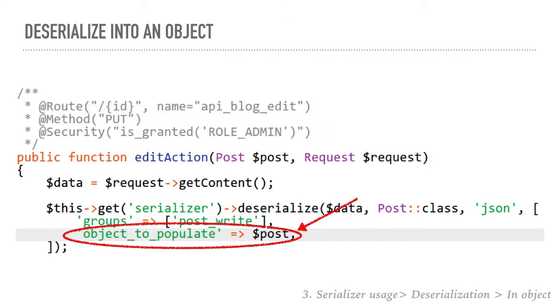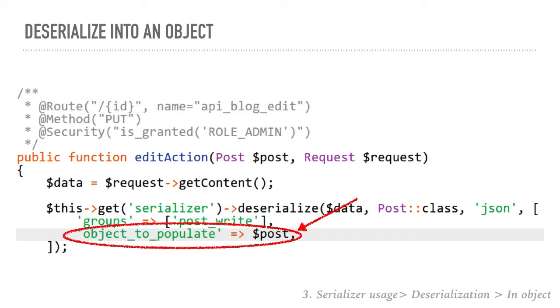If you want to deserialize information directly into your object, so let's say you want to modify your object, first, you want to get it from Doctrine, thanks to the param converter up there. Instead of deserializing the object and then updating all the properties of the object you receive from the action, you can actually ask the serializer to deserialize the data directly in an object that you want.